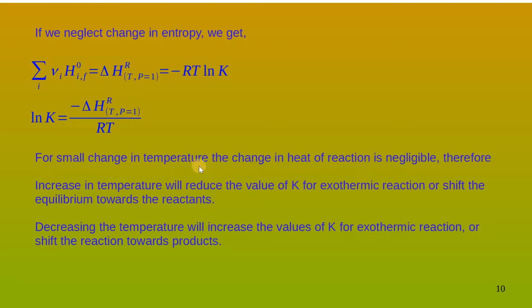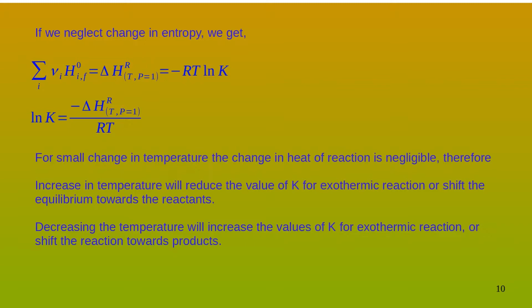Now, for small changes in temperature, we assume that the heat of reaction is negligible. Well, I said the entropy of reaction was negligible, but now we assume here also that the change in the heat of reaction for small changes of temperature is negligible. And this is true because for small changes in temperature, the only part of the heat of reaction which actually changes is the summation of the CPs, that is the specific heats, and the change in temperature.